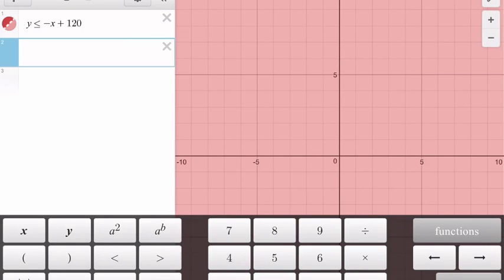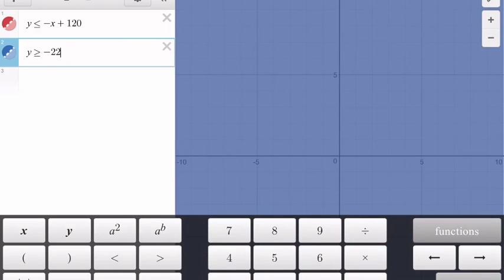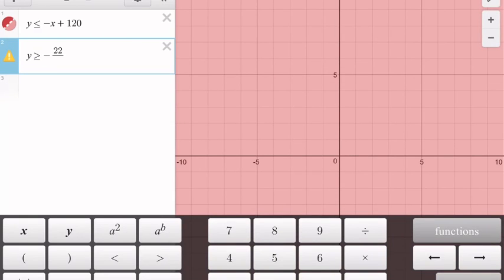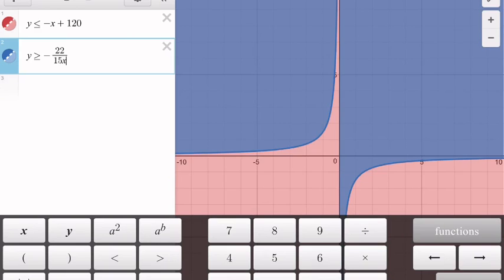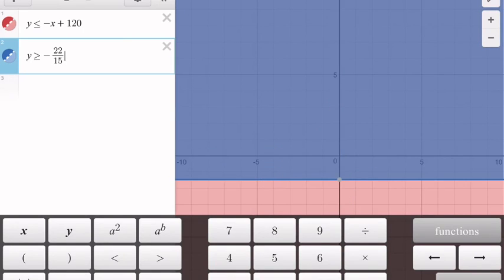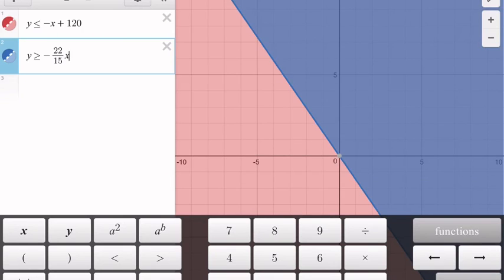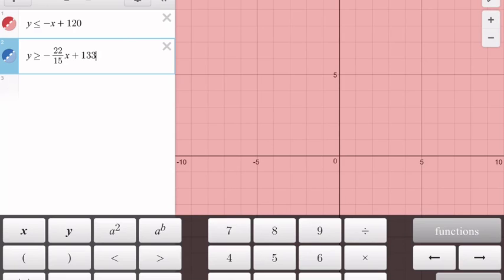I'll have to change our scale here in a second. y is also greater than or equal to negative 22 divided by 15x, plus 133 and a third, which is actually the same thing as, I'm going to write it the other way, 2,000 divided by 15.